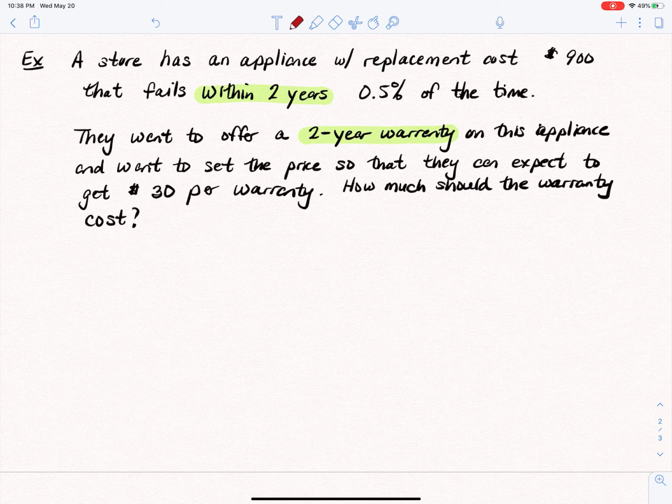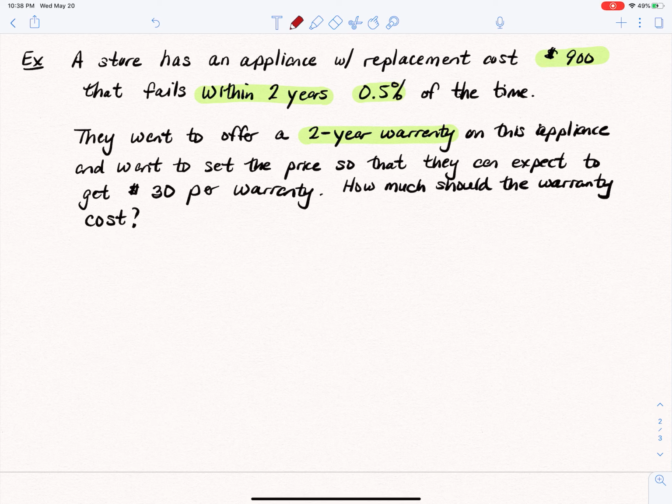So here's what one of those might look like. We have a store with an appliance that has a replacement cost of $900 that fails within 2 years 0.5% of the time. I'm thinking that those numbers are going to be somewhat important to us here in a moment. They want to offer a 2-year warranty on this appliance and want to set the price of the warranty so that they can expect to get $30 back per warranty.